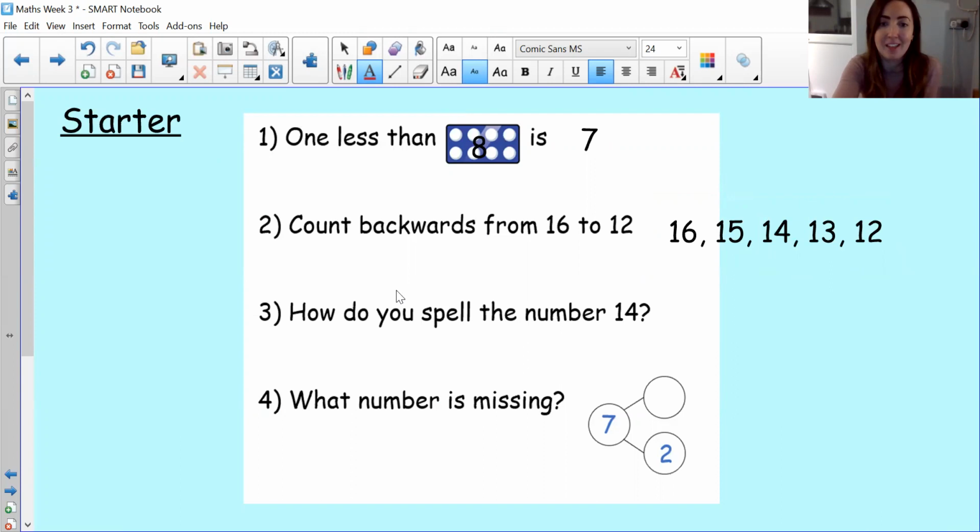Okay. So number 3, how do you spell the number 14? It is F-O-U-R-T-E-E-N. And number 4, what number is missing? I can see 7 is the whole number and a part is 2. So the other part must be 5. Okay, well done, you got those right.